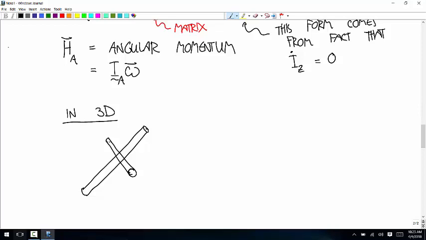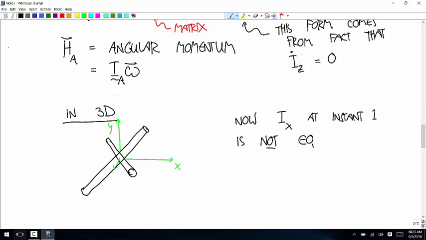Okay. And you think of the coordinate system like this, say. Now, Ix at instant 1 is not equal to Ix at instant 2.